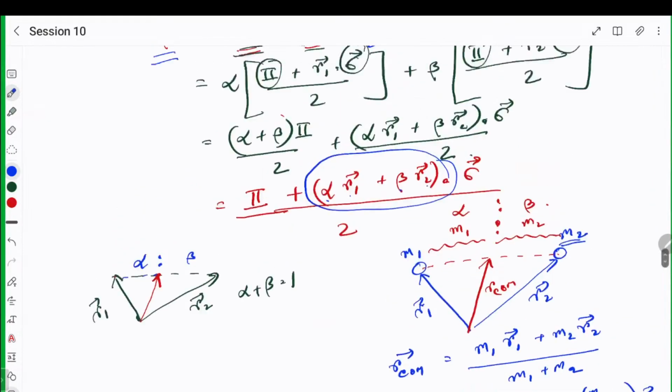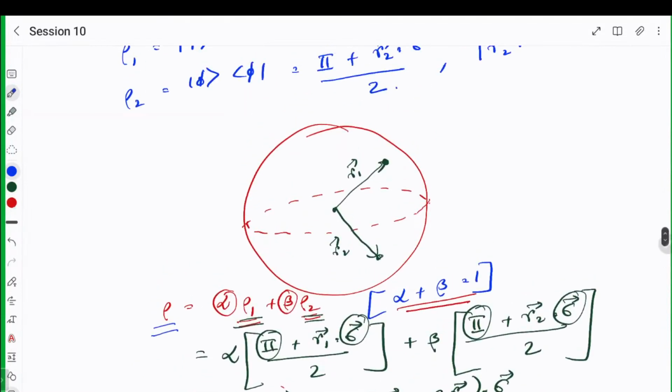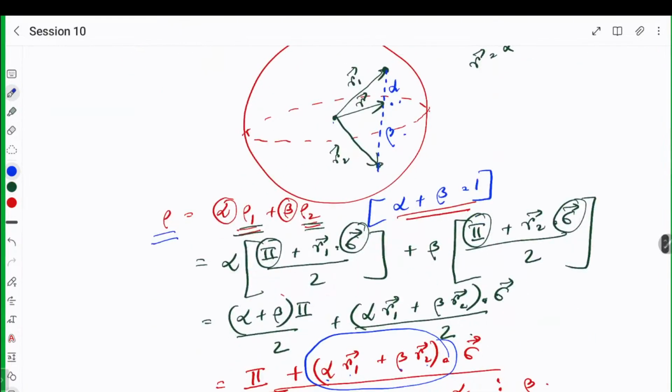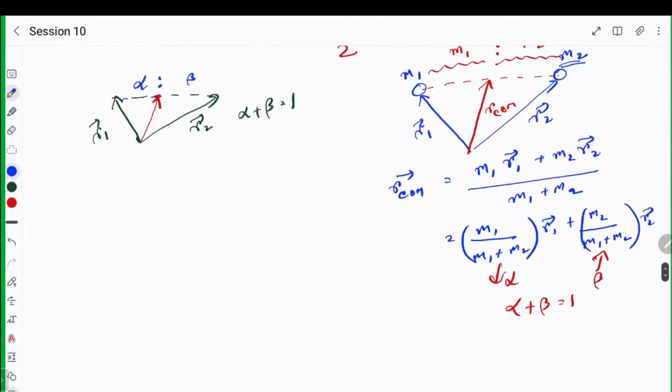Now, if we look at this on the Bloch sphere, you join R1 and R2, and then here it would be R vector, which is alpha R1 plus beta R2, a point inside the Bloch sphere, and it will lie on the line joining R1 and R2 such that this is divided in the ratio alpha is to beta. Okay. Is this clear? Till now, are there any questions or queries?